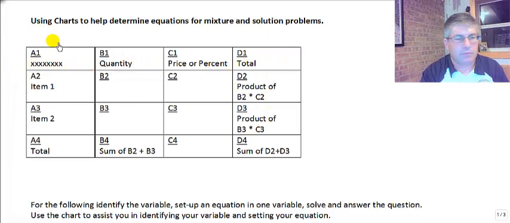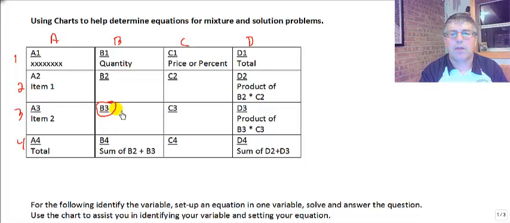And our columns, like Microsoft Excel, the columns are letters A, B, C, and D, and the rows are numbers. Row 1, row 2, row 3, row 4. And of course, where a column and a row meet is a cell, so this would be B3, where column B and row 3 meet. Okay, just like in Battleship.